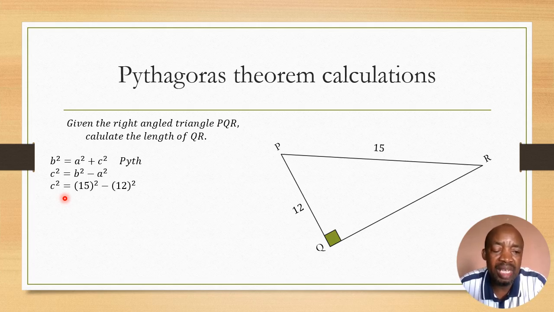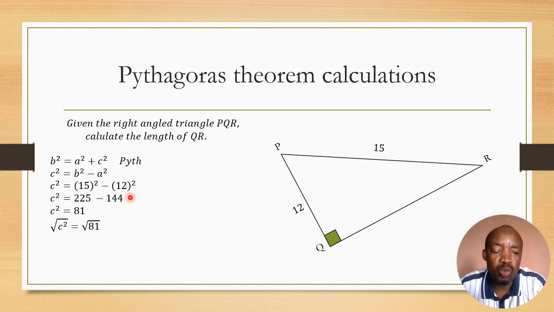Small b squared is 15. There's the hypotenuse, 15. 15 squared, and small a squared is 12 squared. 15 squared is 225. 12 squared is 144. Now it is 225 minus 144, which is 81. But now I'm not looking for c squared, but I'm looking for c.